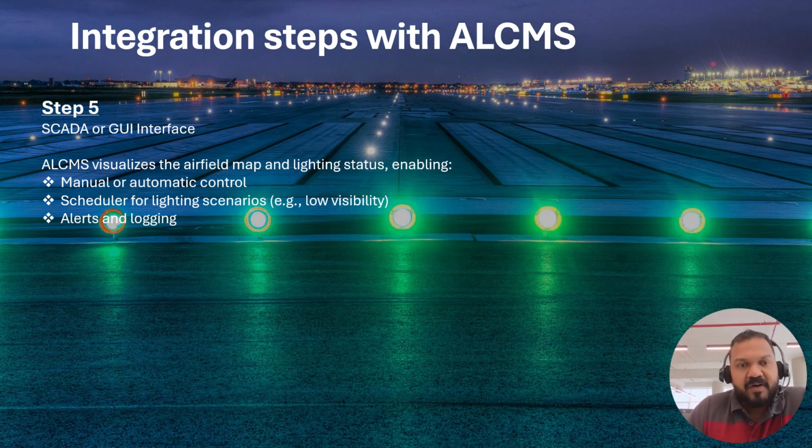Step 5 talks about SCADA or user interface. The graphical user interface, we can call it, and it talks about manual or automatic control and the scheduler for lighting scenarios, alerts and logging, and trends, mapping, storage, everything happens.